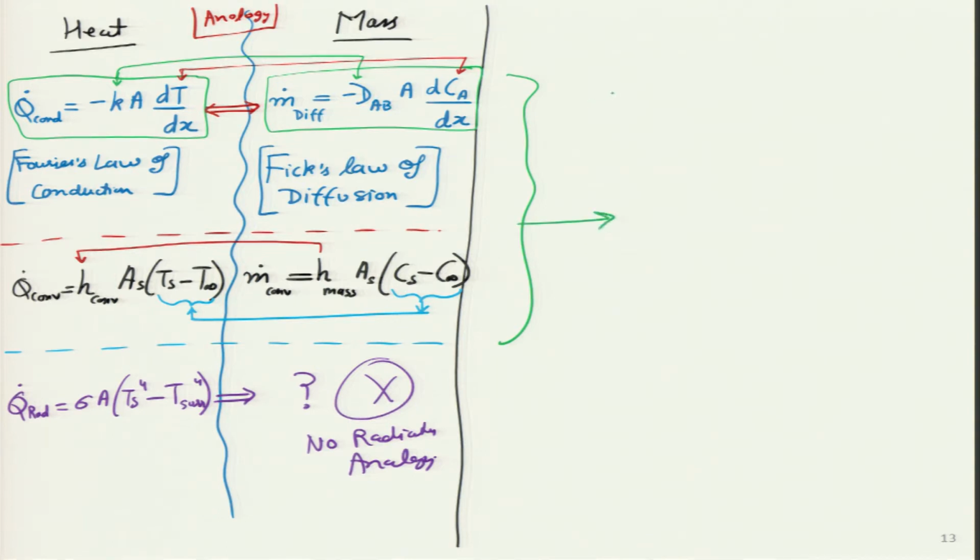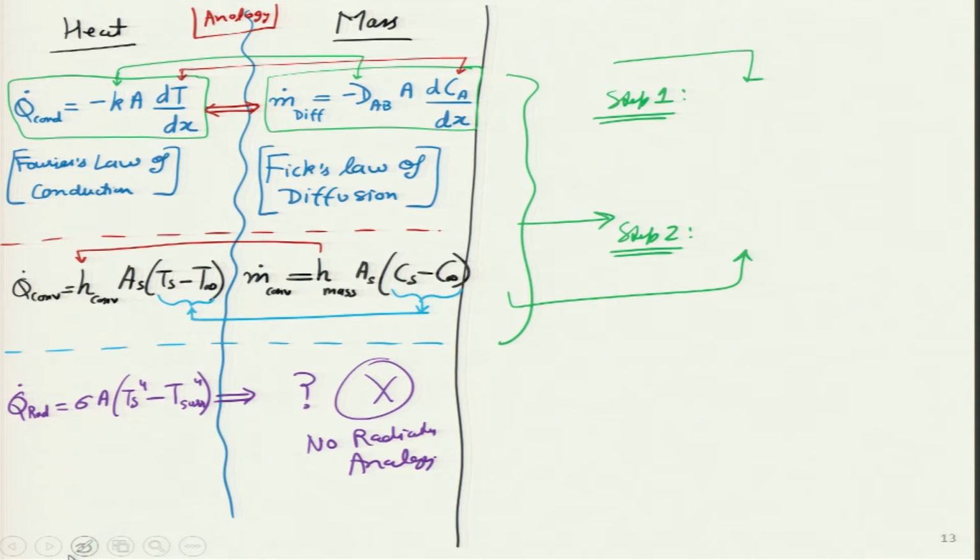We will see first in step 1, the concept for conduction. Then in step 2, we will look at the concept for convection. Now, let me formally go and define some of these properties or parameters.